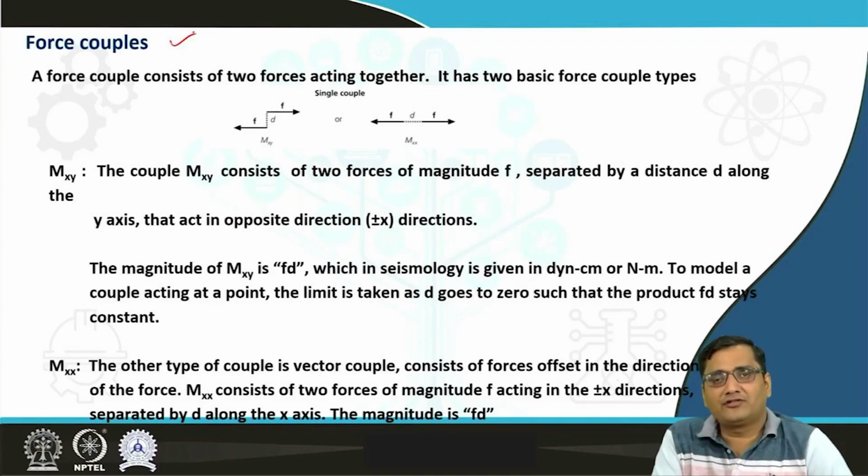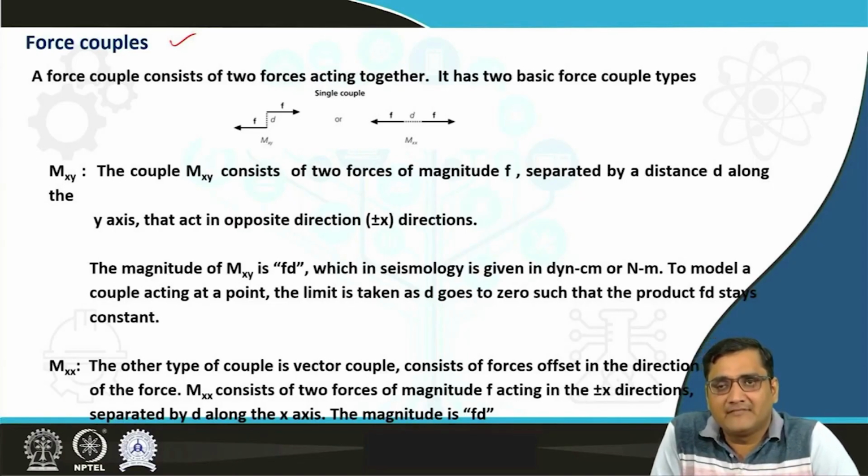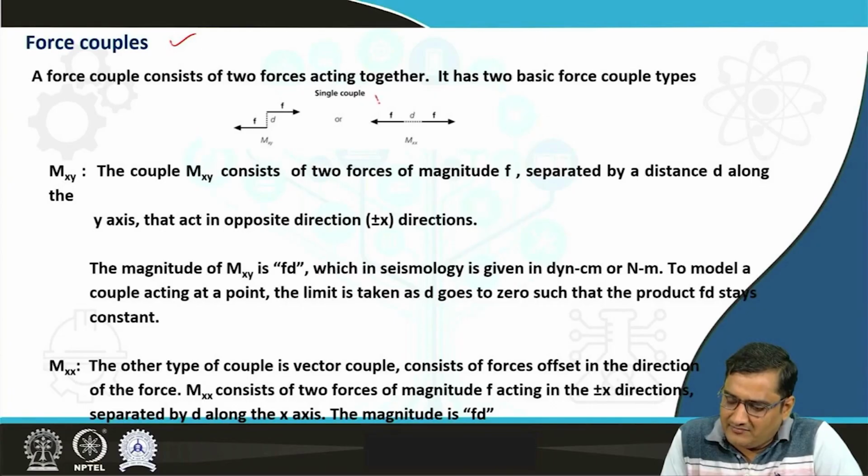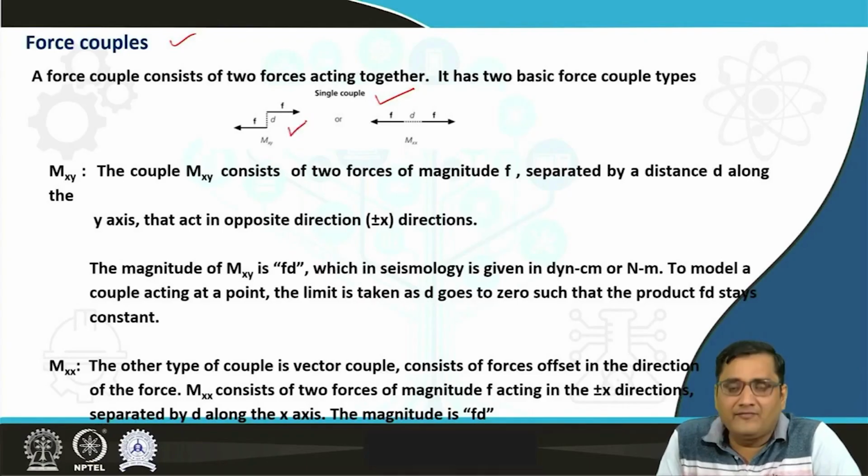The force couple, as the name suggests, consists of two forces that act together, and it has two basic types. This is an example of a single couple. Here two forces are acting. In this case, the forces are d distance apart along the y direction, and the force itself is acting in the x direction.